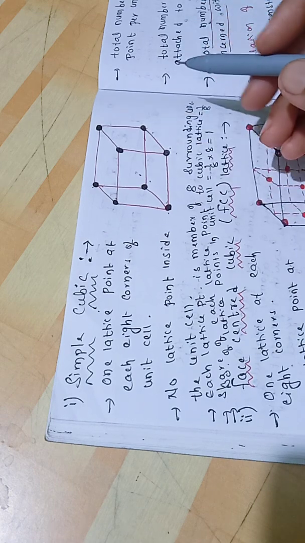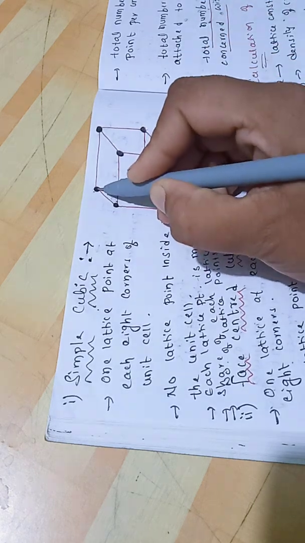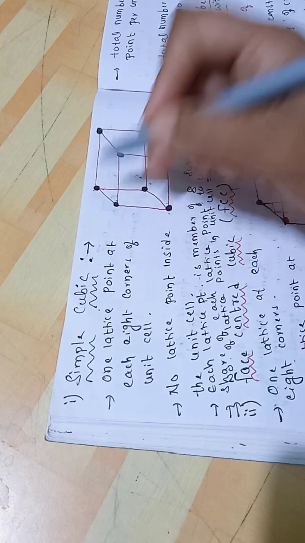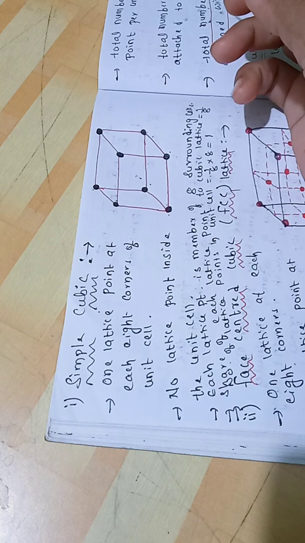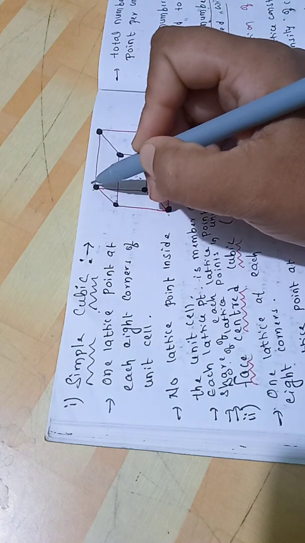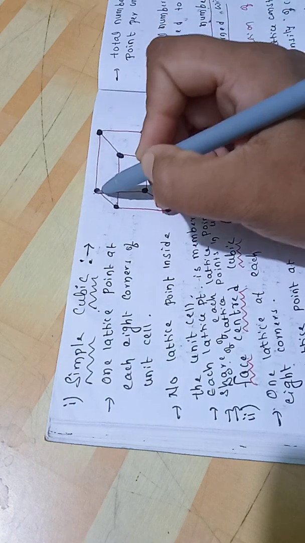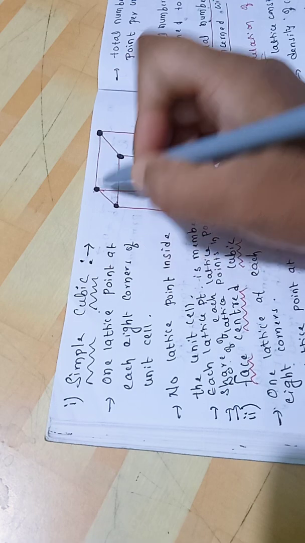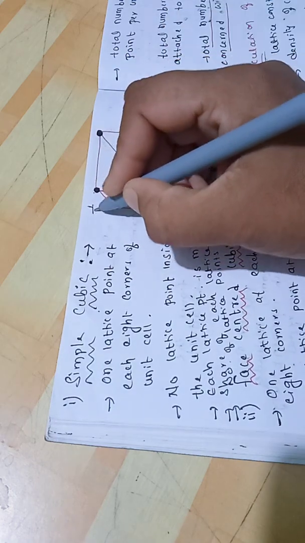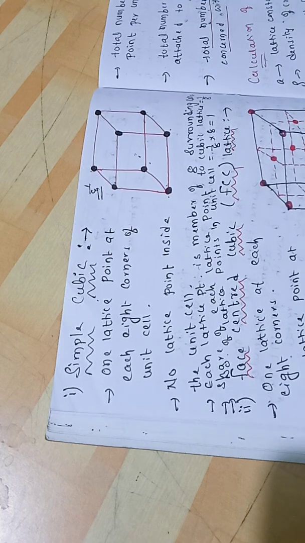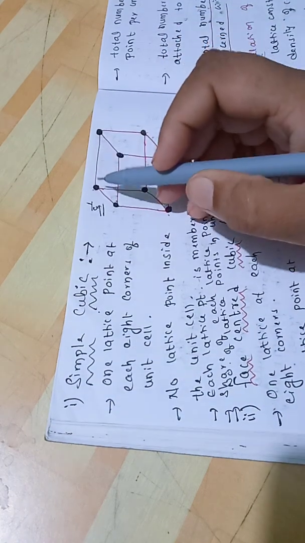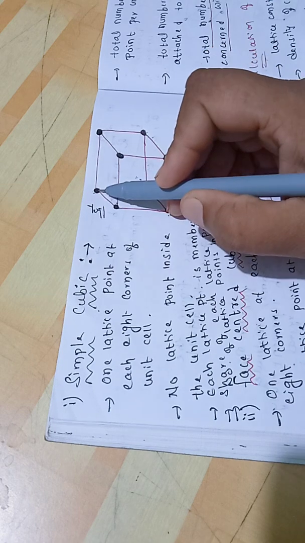Each lattice point is surrounded by 8 unit cells. Means one lattice point is a member of 1 by 8 of a cell.